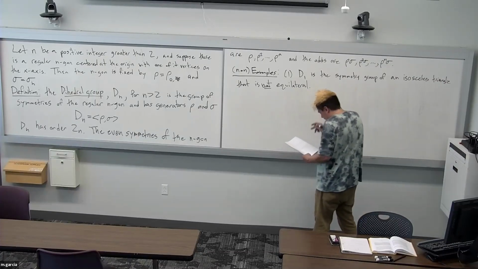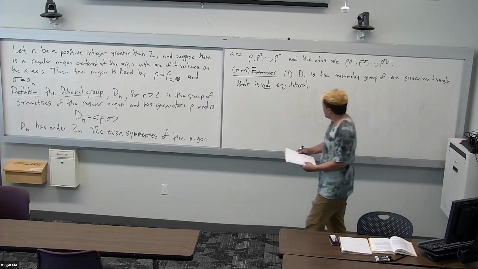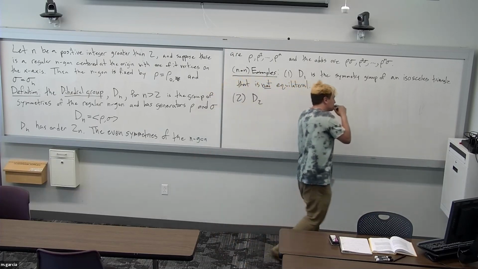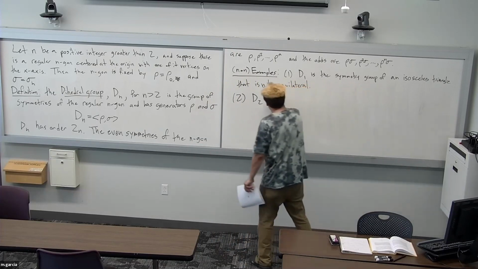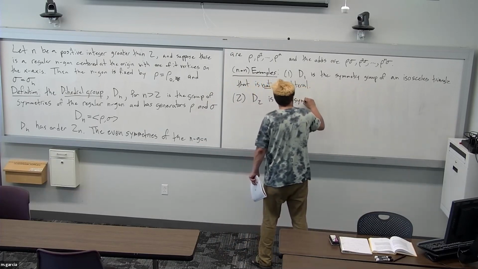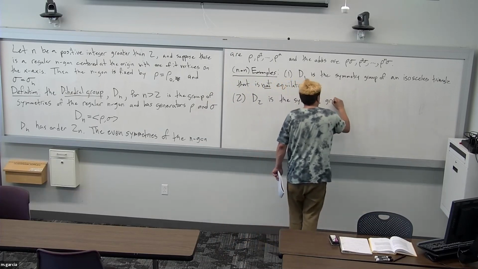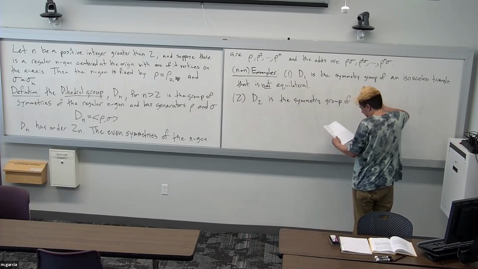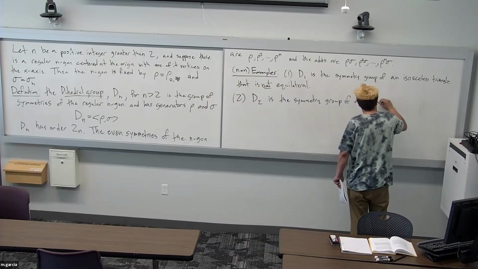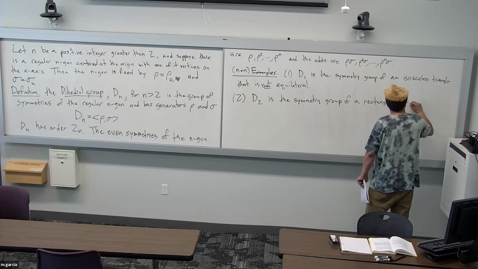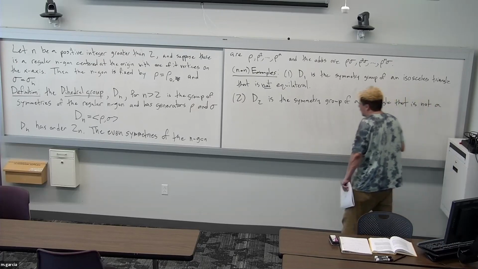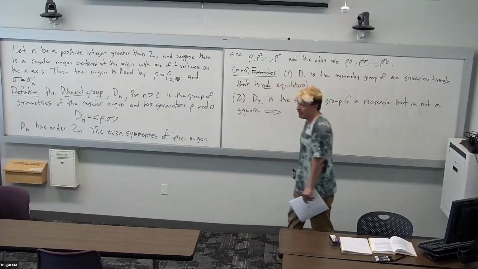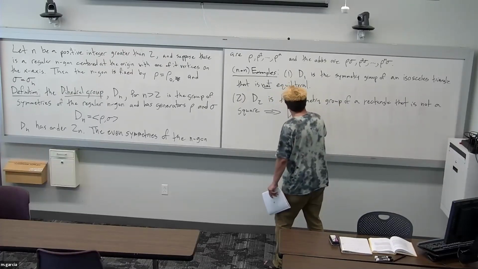How about the case of D2? D2 is the symmetry group of a rectangle that is not a square, which implies that D2 is equal to V4.